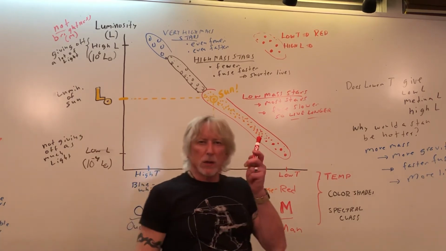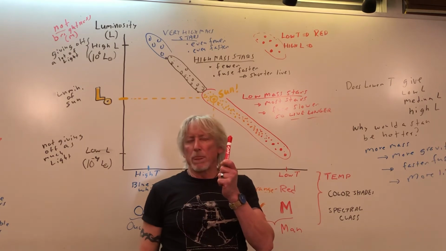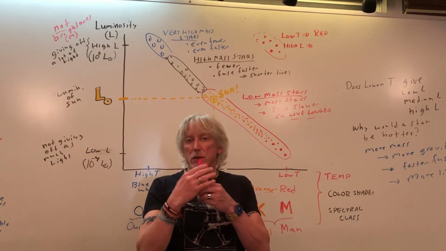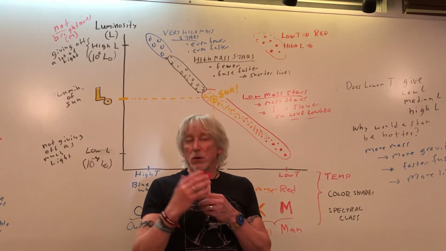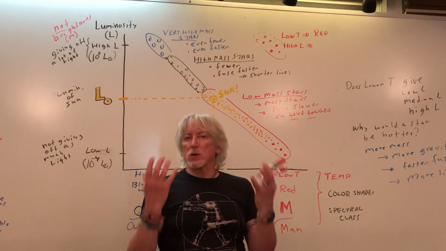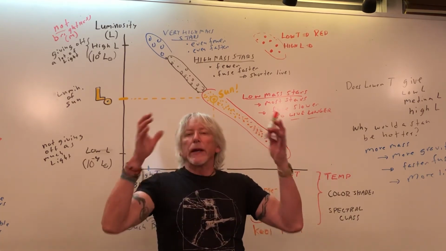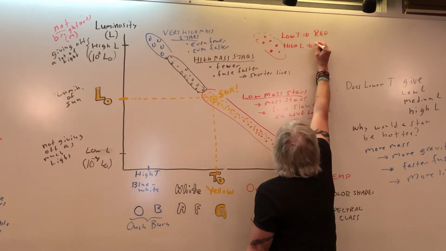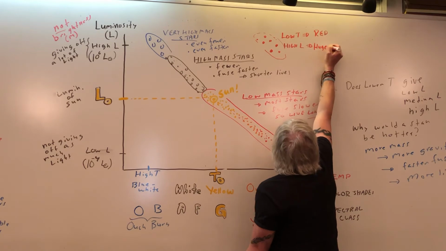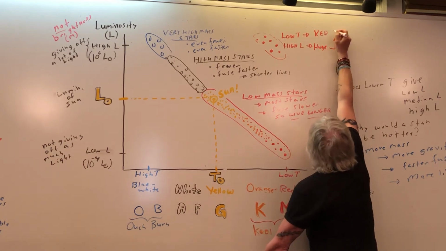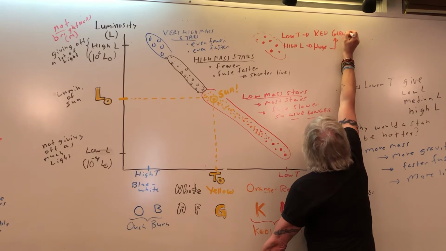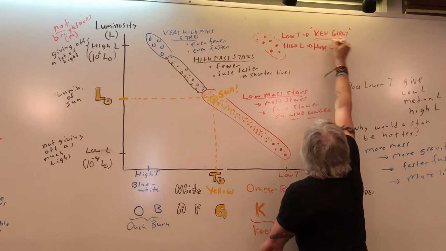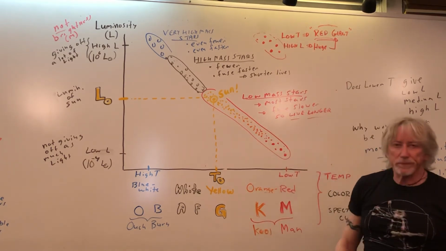Well, if I have one glowing red thing, and then I increase the amount of glowing red surface, you're going to get more light, because it's larger. In fact, it's going to be huge. We call that a red giant. These are the red giants.